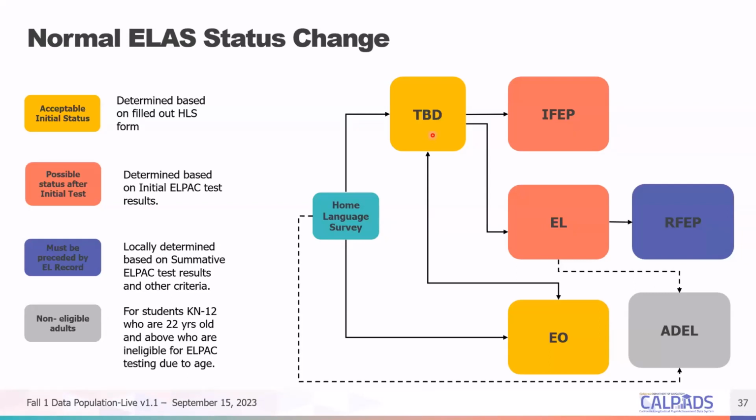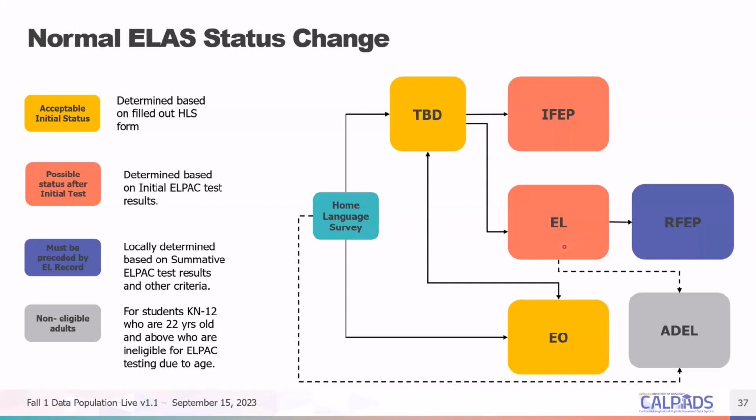If the student is TBD and takes the initial LPAC assessment, the results will place them in one of 2 statuses. If the initial LPAC indicates the student is English proficient, the student will be placed in IFEP status. If the initial LPAC indicates a lack of clearly defined English language skills, the student will be placed in EL status.